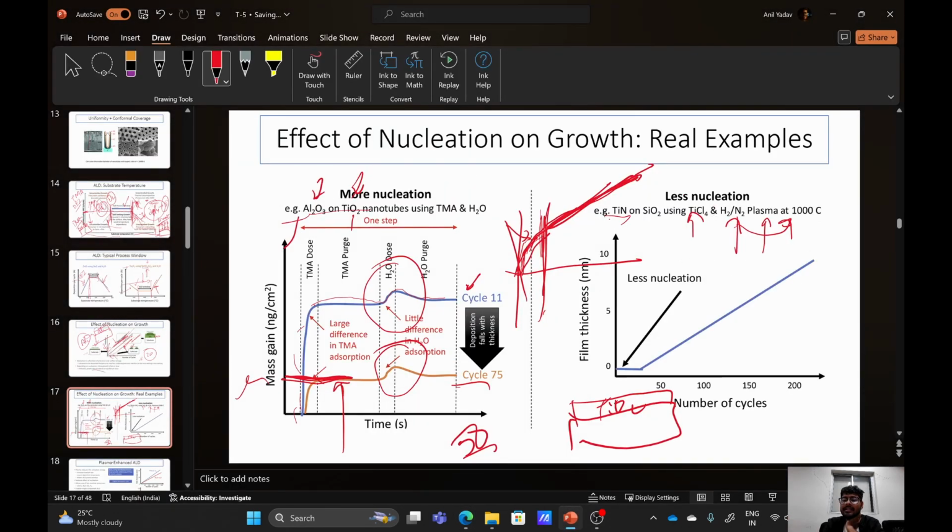During the initial number of cycles there is no growth at all, because initially nucleation is very low. After some number of cycles the titanium nitride nucleates over the substrate, and after this point there will be a linear growth.